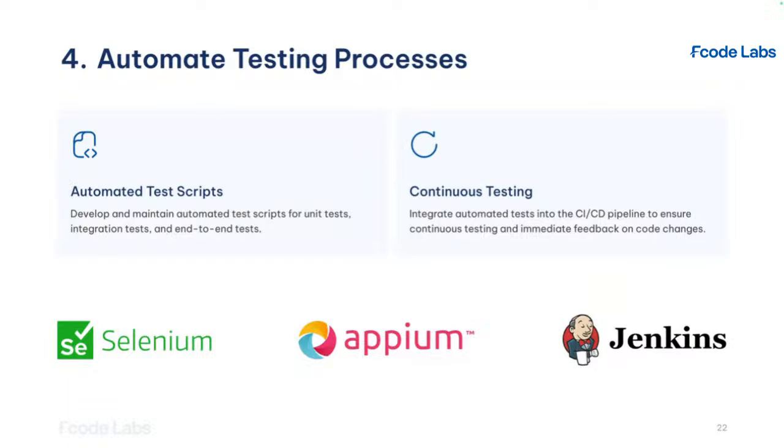We have to make sure a product has good automation test coverage. I have given the most prominent tools used in the testing industry right now, Selenium and Appium, just as examples, but these are just a couple of tools. There are plenty of tools available.